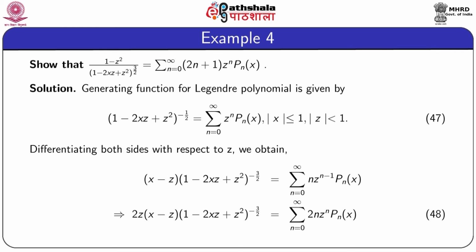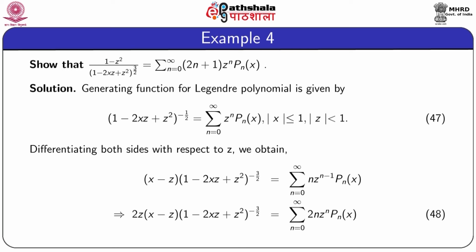Our next example, we have to show (1 - z^2) / (1 - 2xz + z^2)^(3/2) is equal to the summation n = 0 to infinity (2n + 1) z^n P_n(x). As before, the generating function for Legendre's polynomial is given by equation 50.